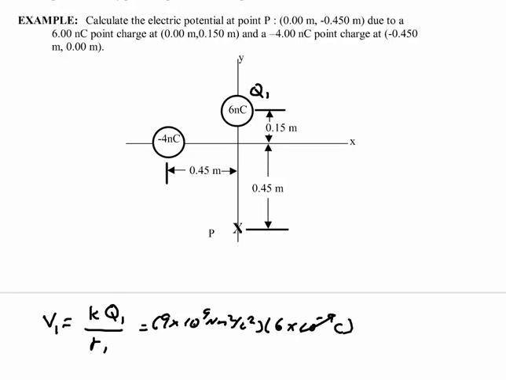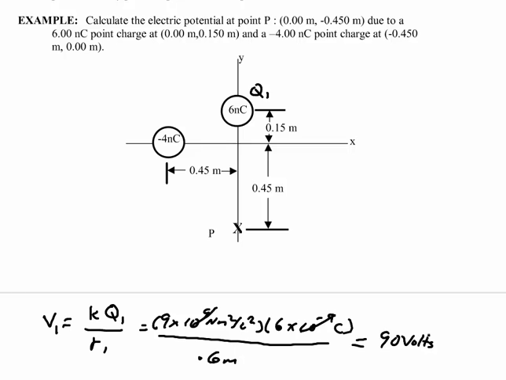Very convenient because it cancels this. All of this divided by the distance. What's the distance? 0.45 plus 0.15. That'd be 0.6 meters. 0.6 and 6, that leaves 10. And so we get that that's 90 volts.